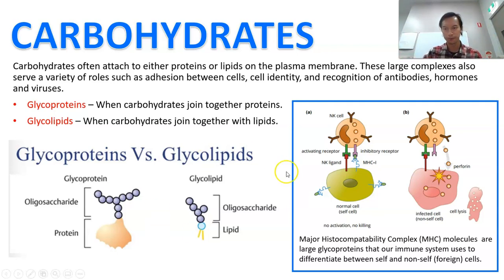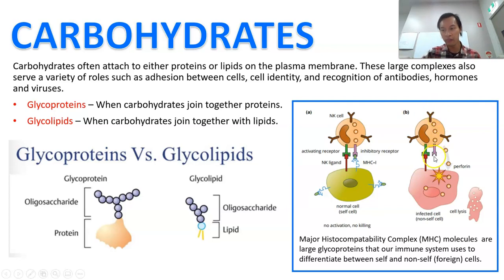So, for example, this is a natural killer cell. This is one of your white blood cells, and it's going to come along, and this is one of your cells. Your normal cells have a particular molecule here called the MHC1 complex. When the white blood cell comes along, it's got this little attachment arm, and it's going to attach to the MHC complex here. If it attaches, it triggers and basically tells your white blood cell, hold on, this is me, and don't kill me because I am you and we are the same organism.